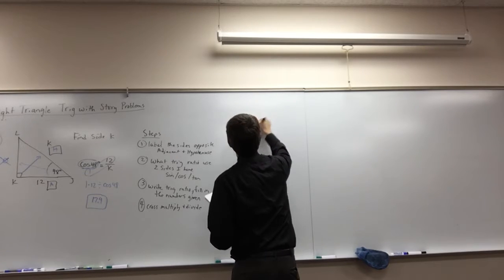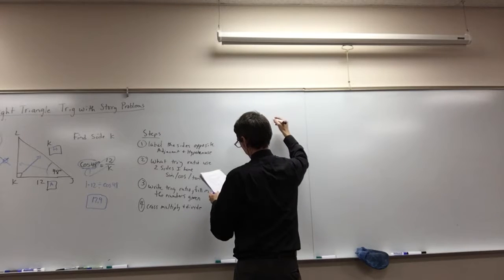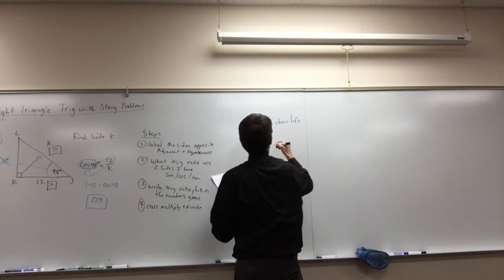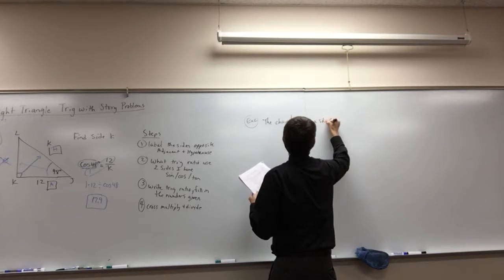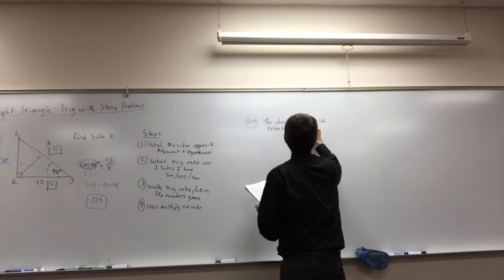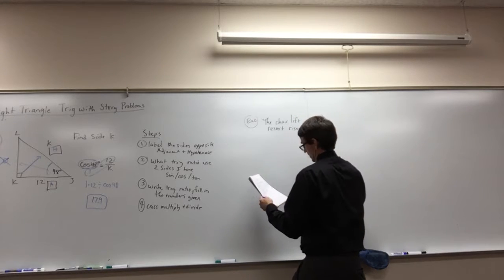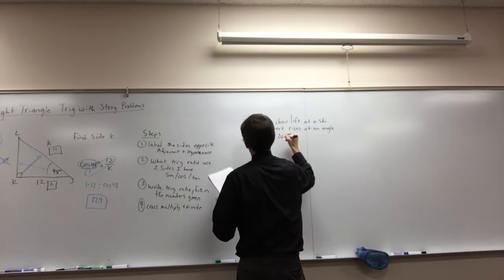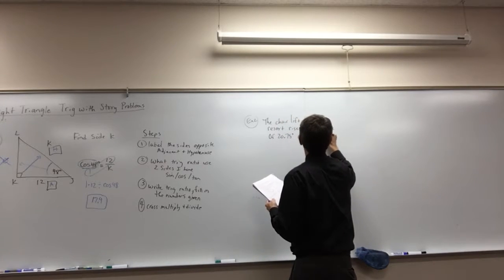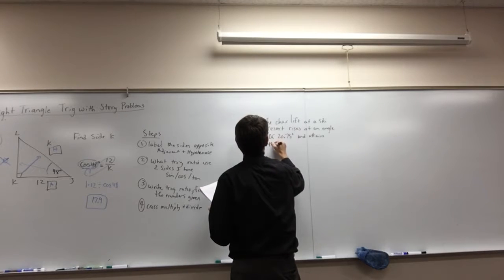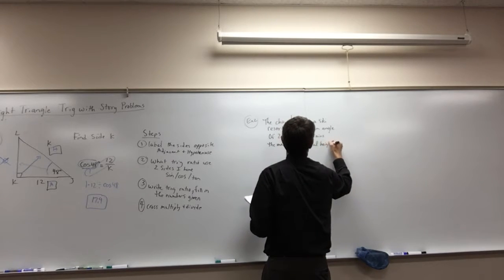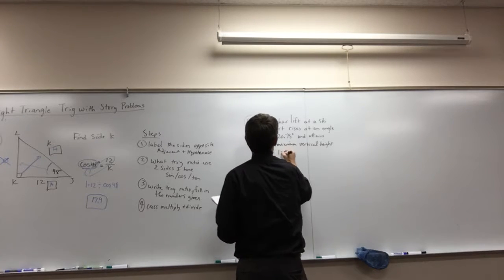Our example 2 is a story problem about a ski slope, and it says the chairlift at a ski resort rises at an angle of 20.75 degrees and attains the maximum vertical height 12,000 feet.